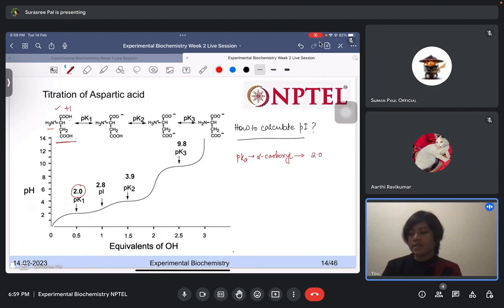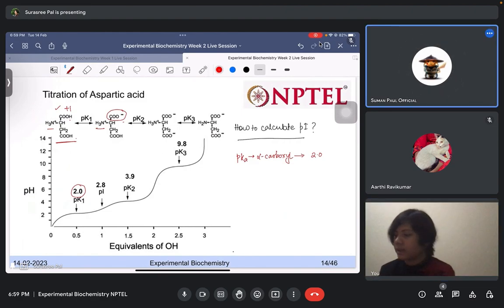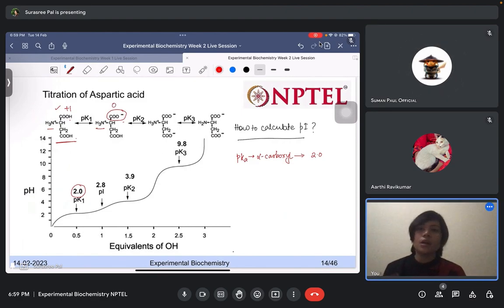So when we increase the pH to 2, then what happens? This alpha carboxyl group loses its proton, right? And now what is the net charge on this molecule? So we have NH3 plus and we have COO minus, both on this molecule. So now what is the net charge? 0, exactly, because this is a zwitterionic form.